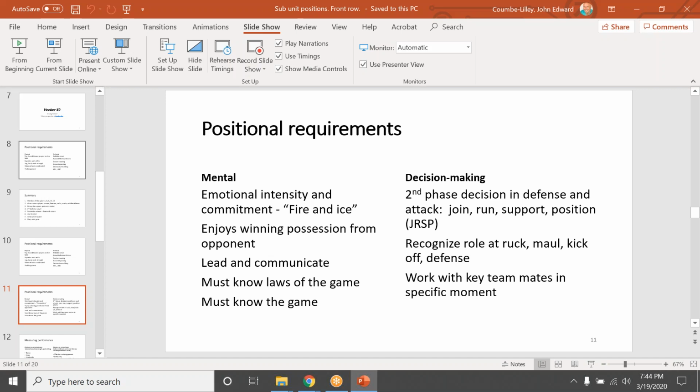They need to enjoy winning possession, lead and communicate, as we've talked about. They've got to know the laws of the game. That means getting to the mark, setting it as they want to set it, and being aware of where they are out in the field. For example, if you're not familiar with this, if we're under pressure in the scrum and the scrum goes down on our own ball, often a penalty will be given against us because we've collapsed it.